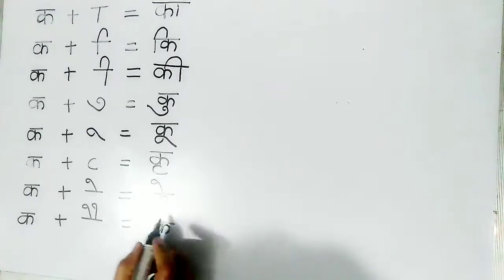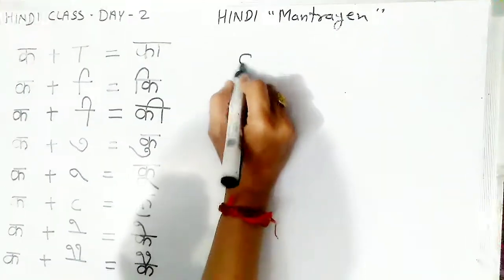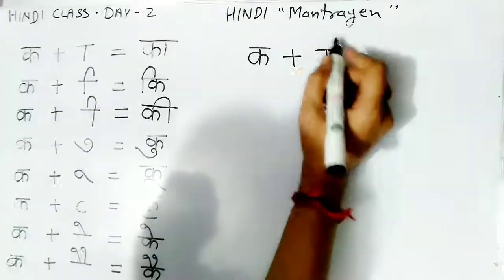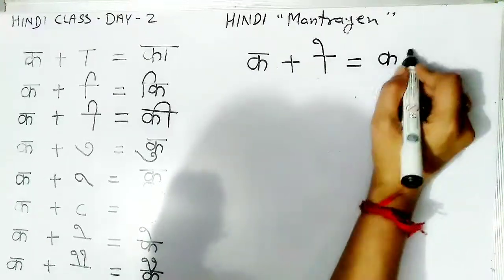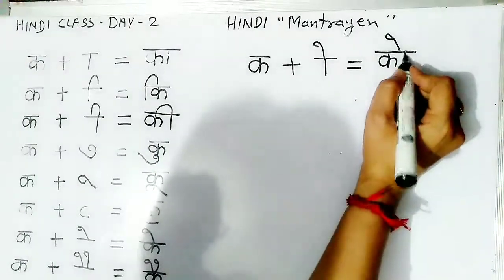K plus the ai matra makes Kai. K plus the matra of O makes Ko. This is Ko.